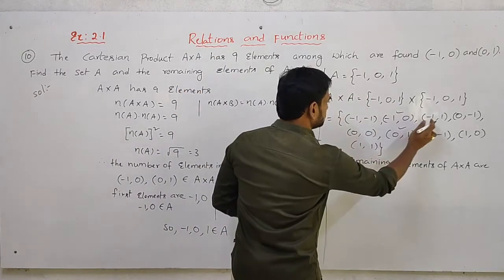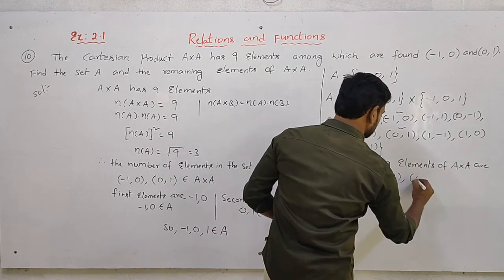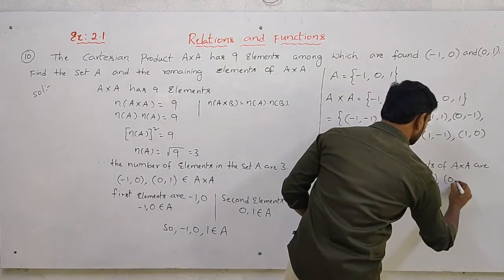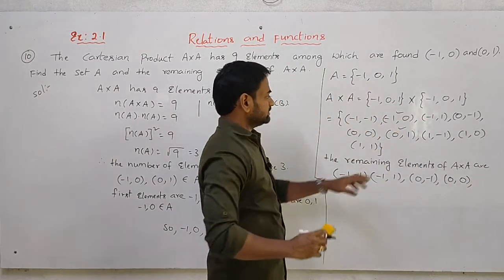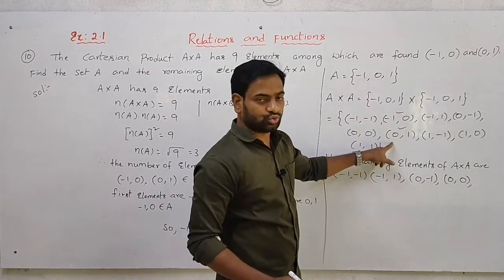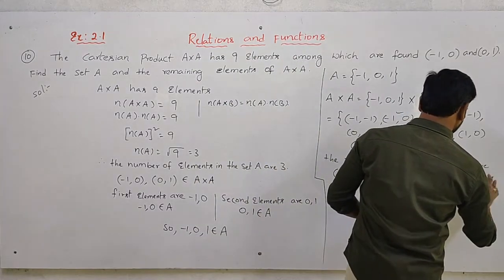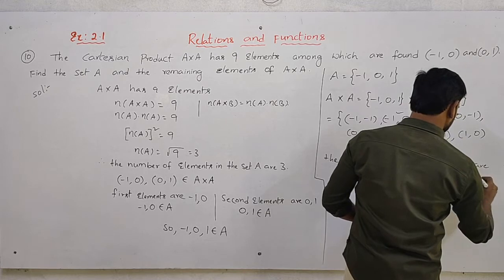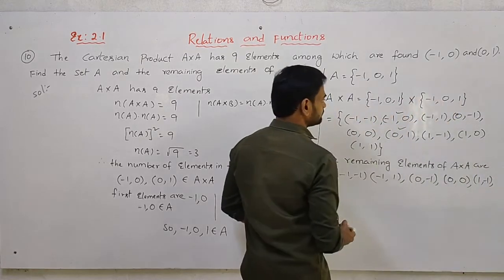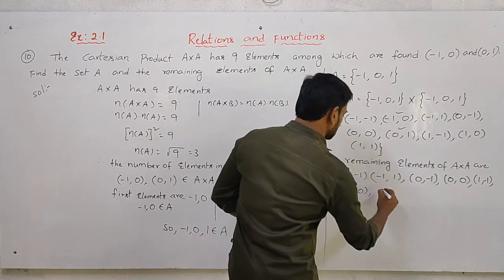So next (-1, 1), next (0, -1), next (0, 0), next (0, 1) is already given, see there, so don't write again. Next (1, -1), next (1, 0), next (1, 1).